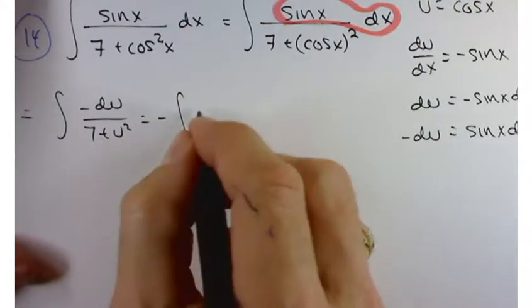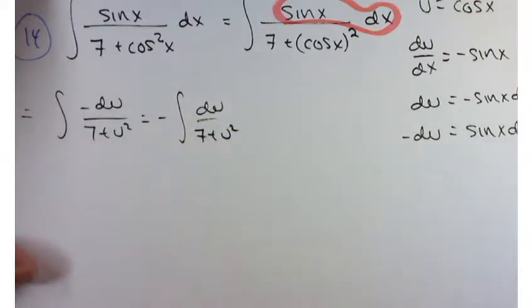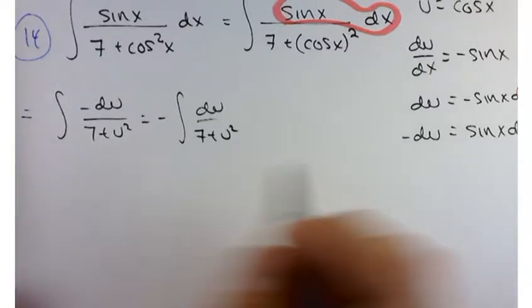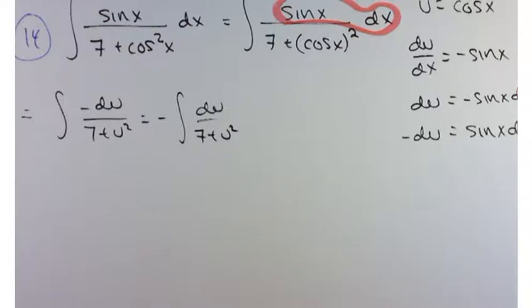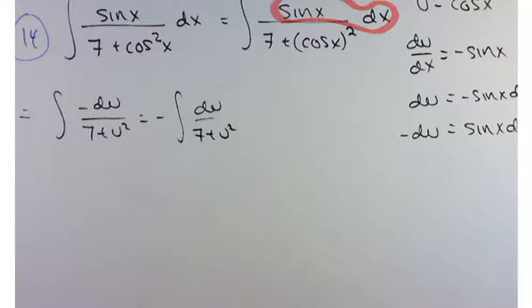Of course, you can take the minus out in front because it's a constant. So comparing that to our formulas, this one looks mostly like the inverse tangent. So let's see if we can integrate it like that. We've already got a u squared here, so that's looking pretty good.